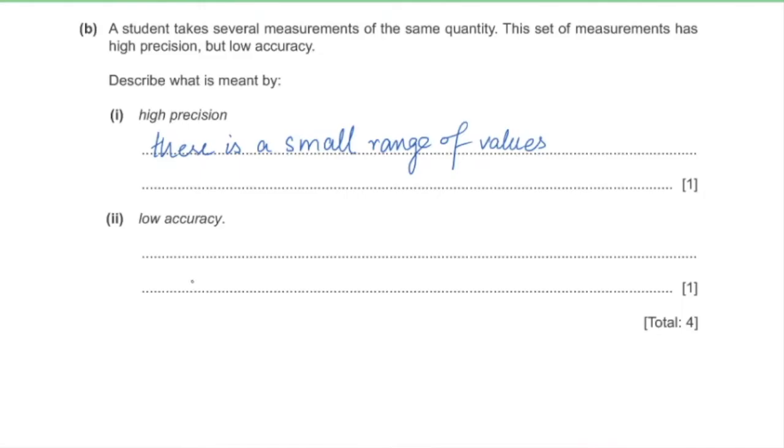So accuracy again is how close your calculated value is to the true value. When you're taking some measurement, you try to take a set of values of those measurements and then you take the average of them. So low accuracy basically means that the average of measurements is not very close to the actual value.